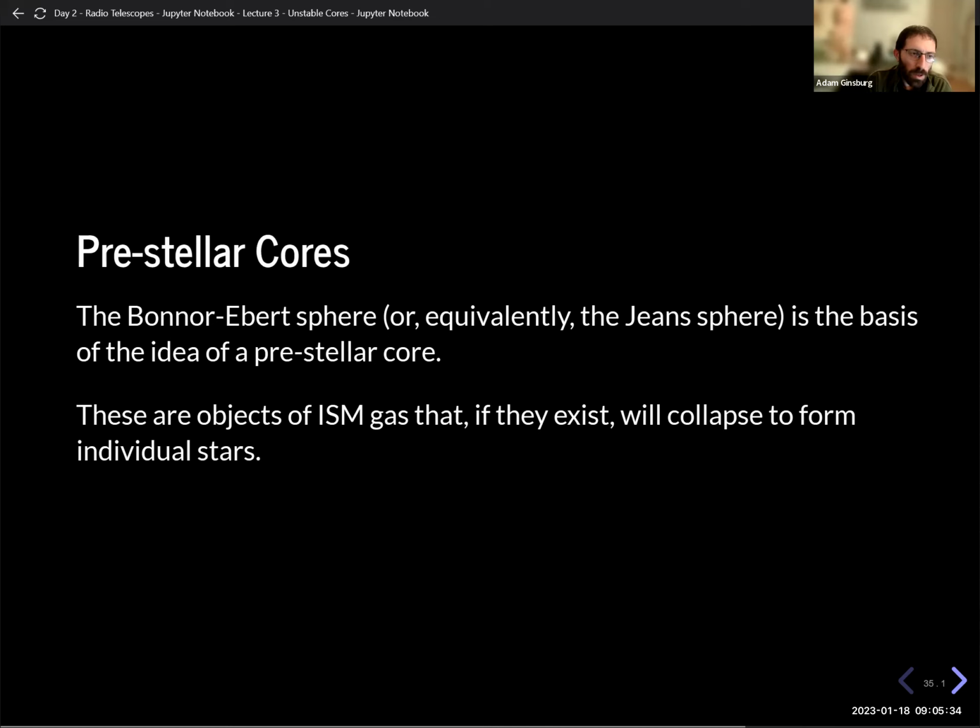Right. So what we've been talking about are prestellar cores that are the things before stars form. And the Bonnor-Ebert sphere, or if you want, the Jeans sphere, is the basis of the idea of this prestellar core. These are our units of star formation. They're the objects in the interstellar medium that, if we find them, we know they'll collapse to individual stars.